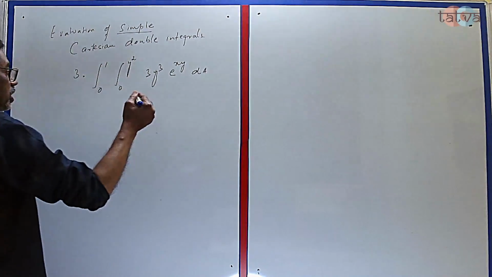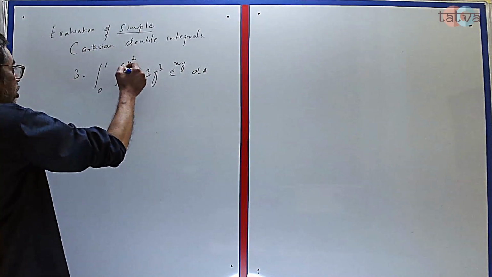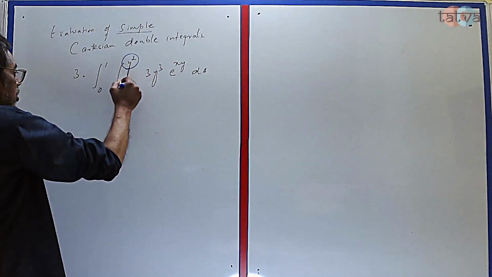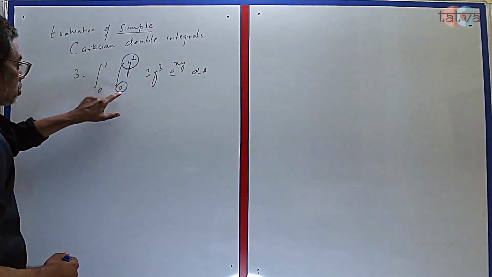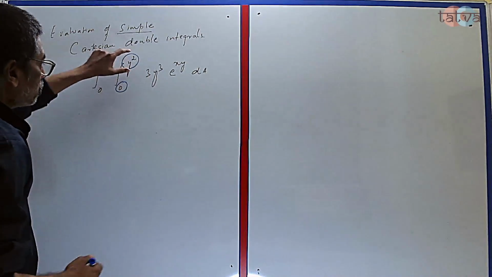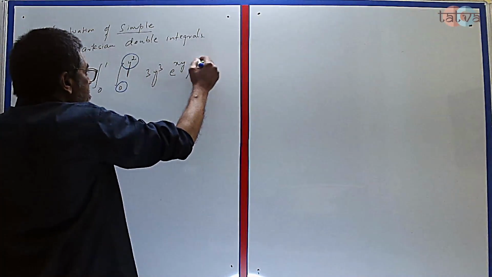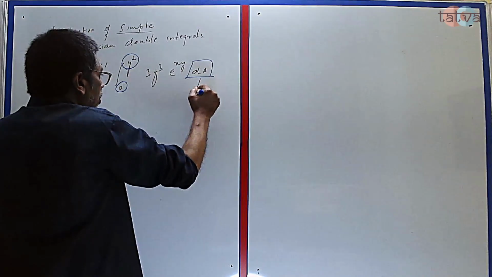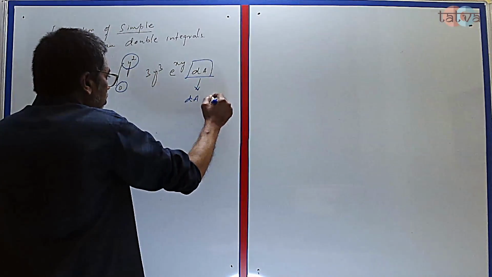So you can observe that the inner limit, of course this is 0, but we got an upper limit which is a function of y. So this dA will be written as dx dy.